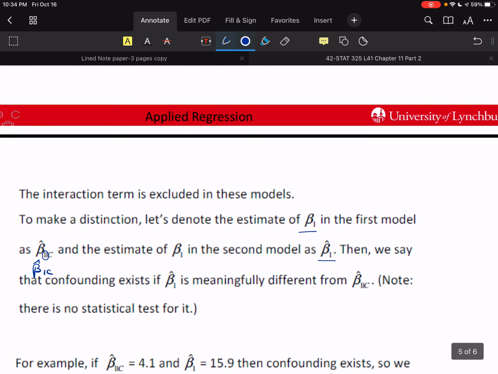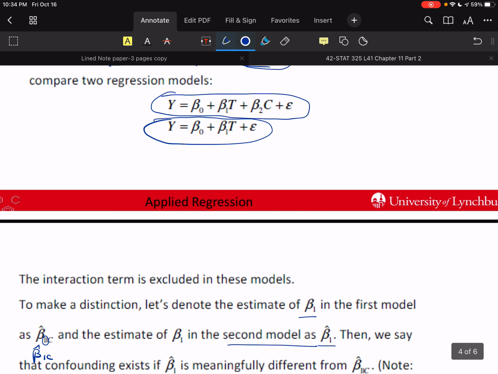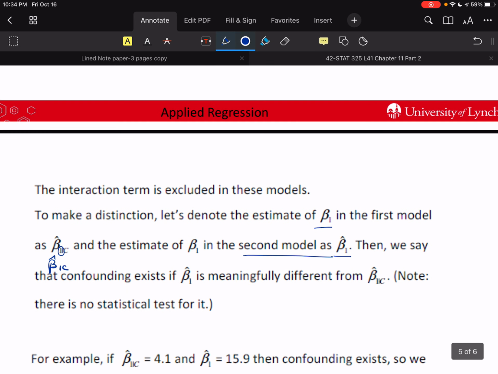The second model, you notice, doesn't have C in there, but the first model does. So this is beta 1 with C included in the model, and this is beta 1 without C. We say that confounding exists if beta 1 hat is meaningfully different than beta 1C hat. But again, there's no statistical test for this.